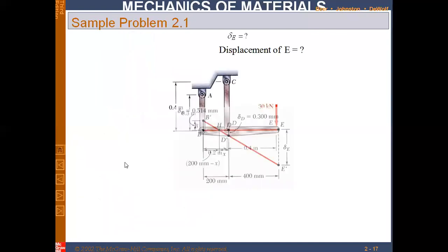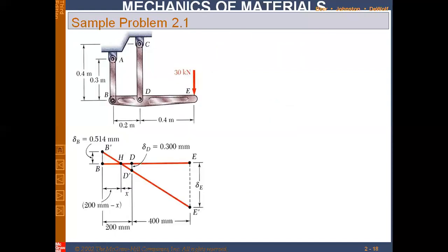If we go back and see again, these two lines are intersecting at this point, and we are calling this H. Let's say that this displacement HD is X. We know this distance is 200, so this would be 200 minus X. So in this right angle triangle, this is 200 minus X, this is X.